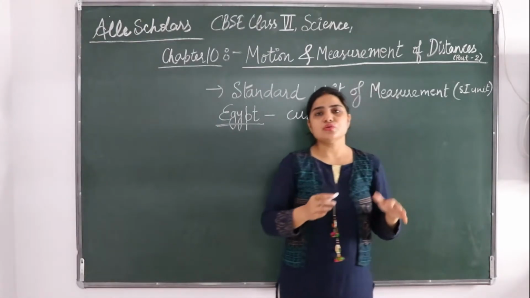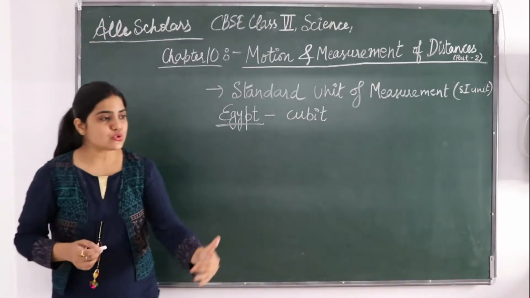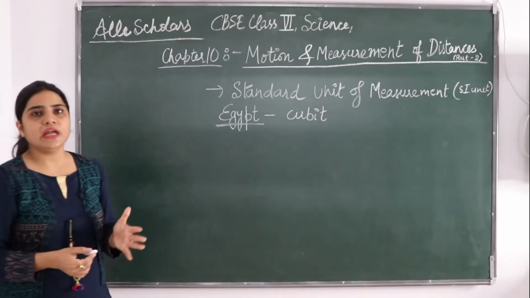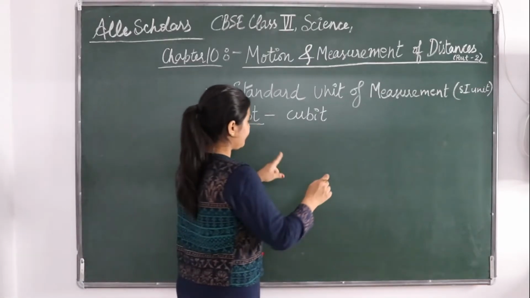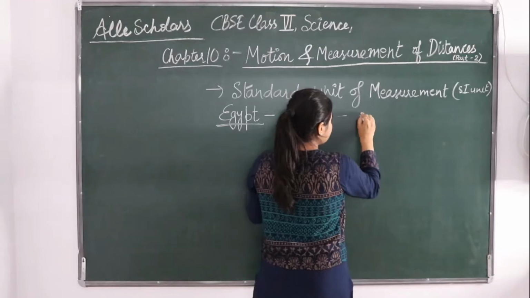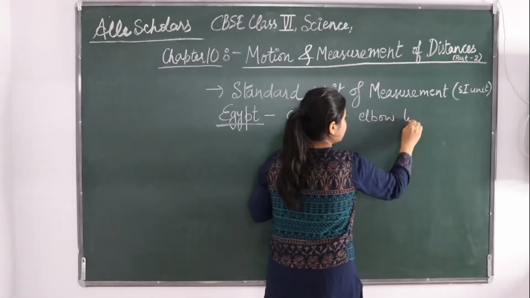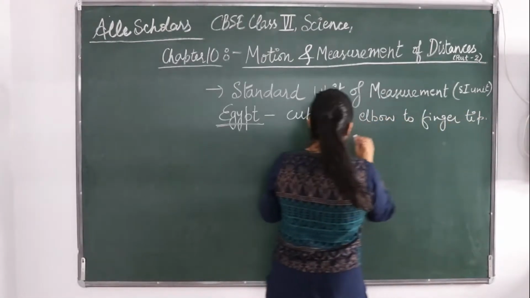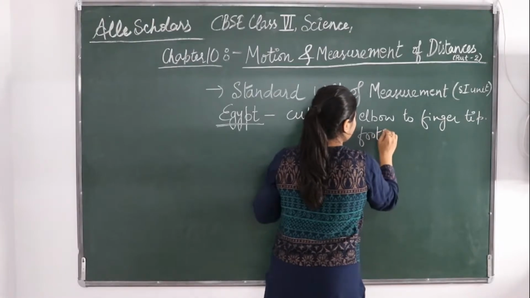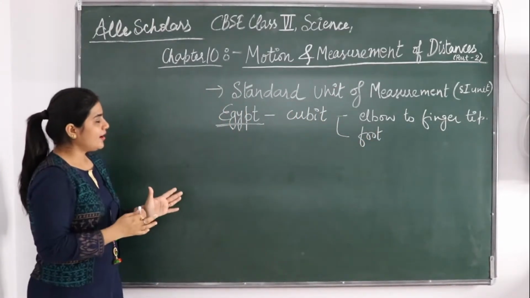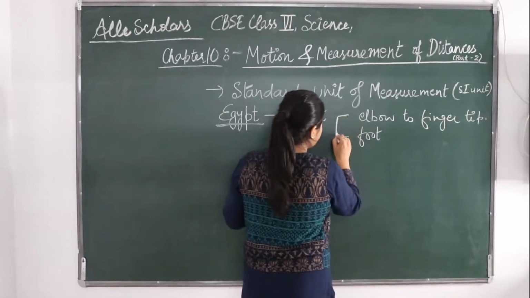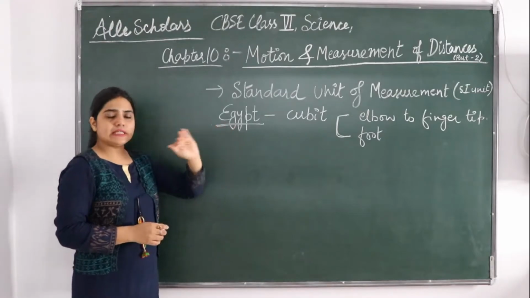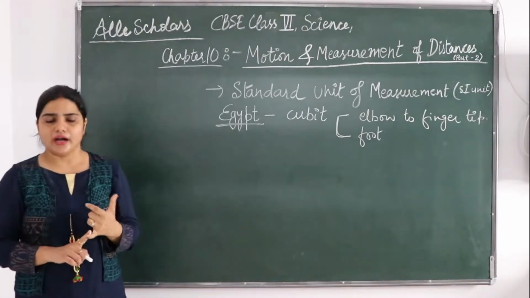People also used their foot. They used to measure using their foot. Foot was also a unit of length in other parts of the world. Firstly elbow to fingertip, then next was the foot. Not only Egypt but different parts of the world adopted it.